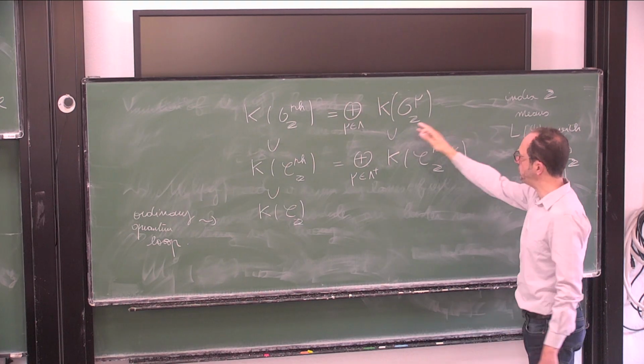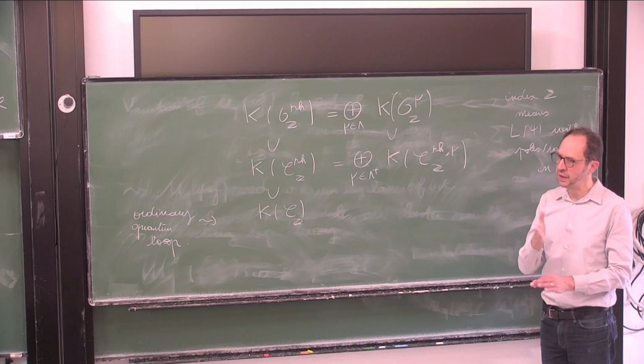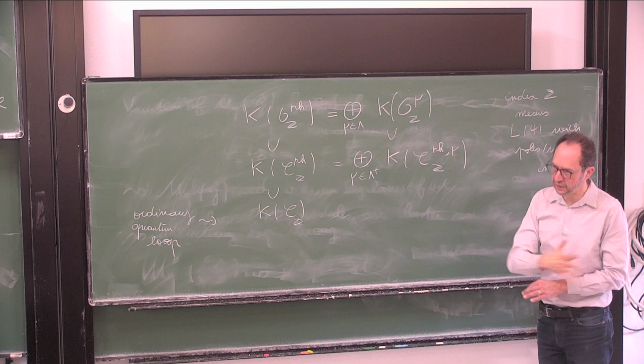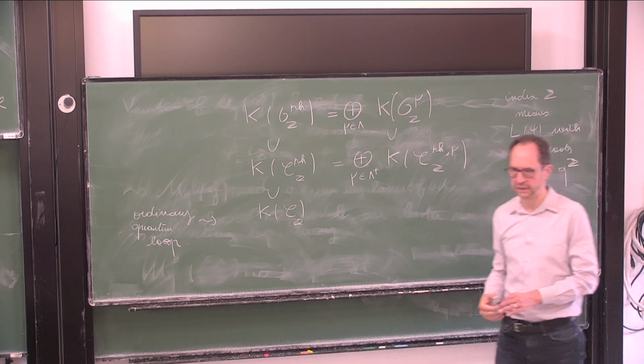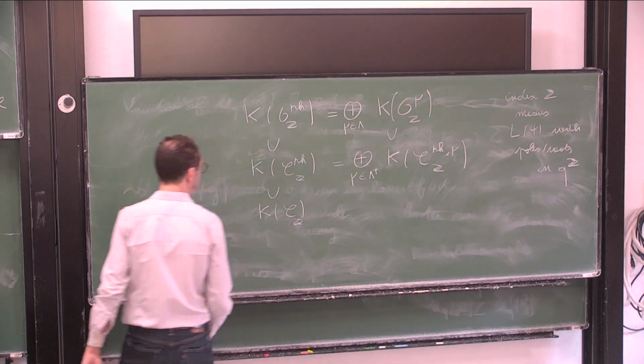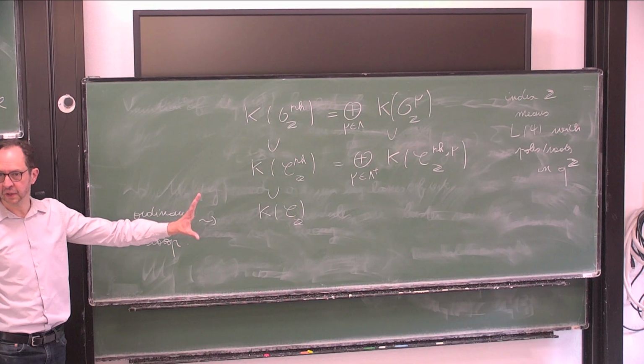So again, it's not a very strong restriction when you want to understand the whole category, because if you understand these categories, you can understand the description of the Grothendieck ring of the whole category. That is something known. So for the moment, these are just groups.